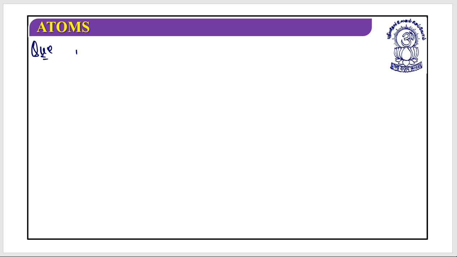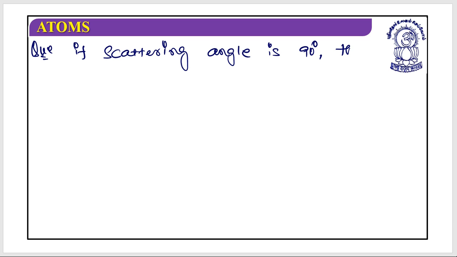The question says that if the scattering angle is 90 degree, then the impact parameter is, let's say, x.